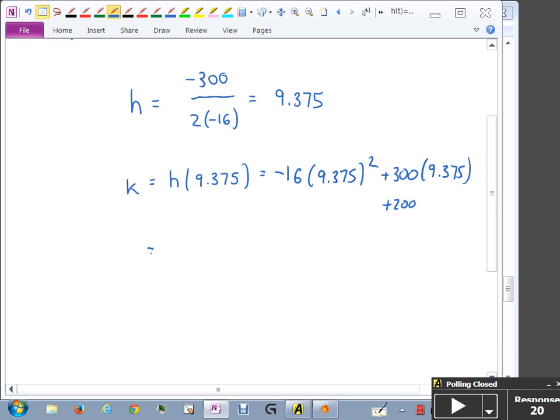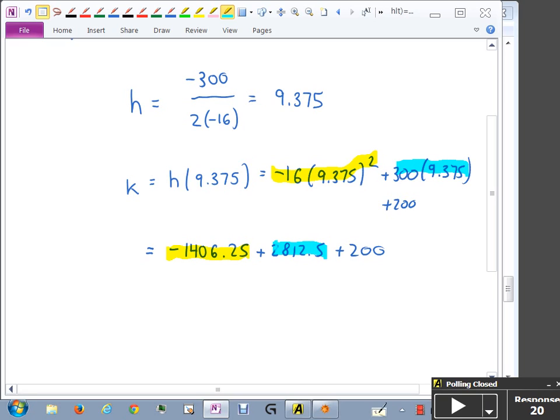You will get, if you do this, the first thing you get is negative 1406.25. Then you do your 300 times 9.375. You should get plus 2812.5 and then plus 200. So I'm saying that this is this, this is this, and then the 200 is the 200.